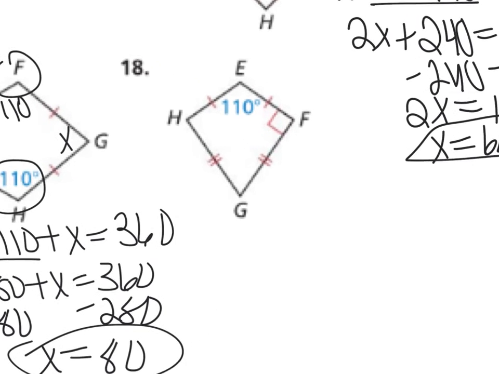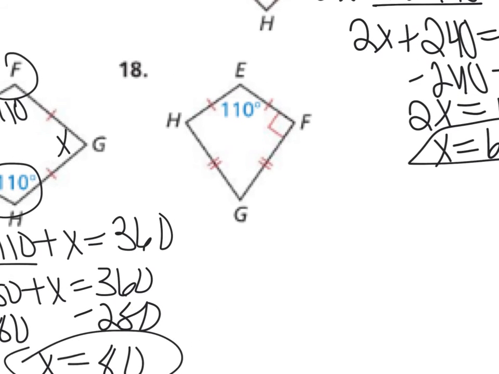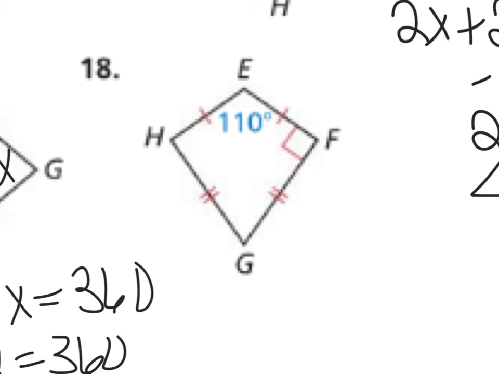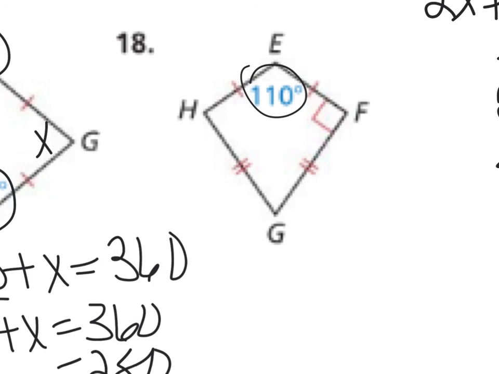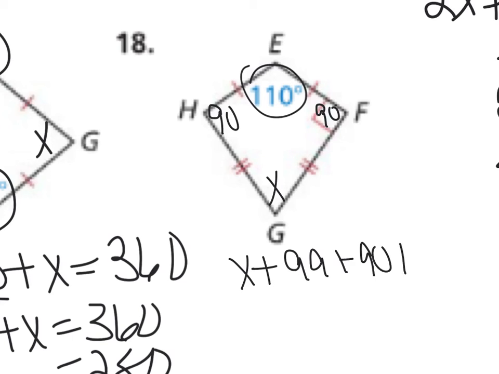Okay, last one. This is a nice short quick video. I know that this one's 110. It's asking me to find angle G. I don't know what angle G is, but this one's 90, it's got a little square in the corner, so I know that this one is also 90. So just like the other questions, I'm going to have x plus the other angles, 90 plus 90 plus 110.